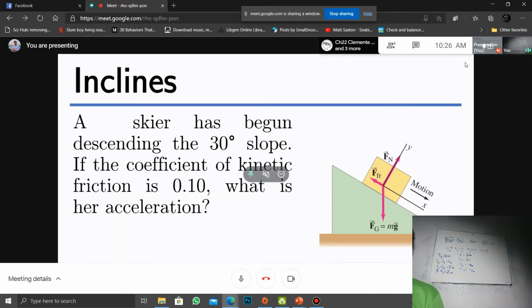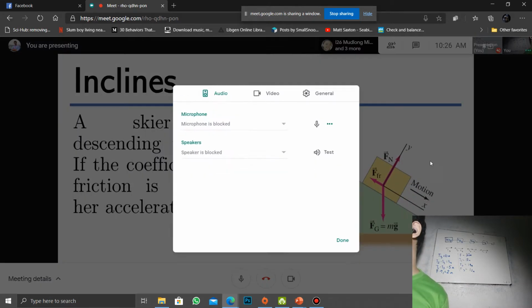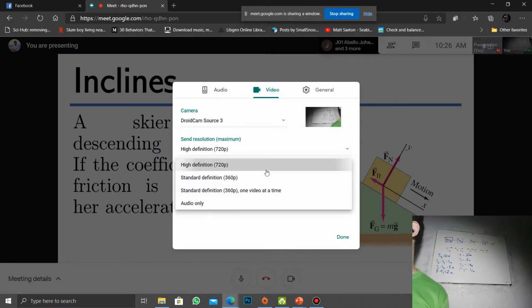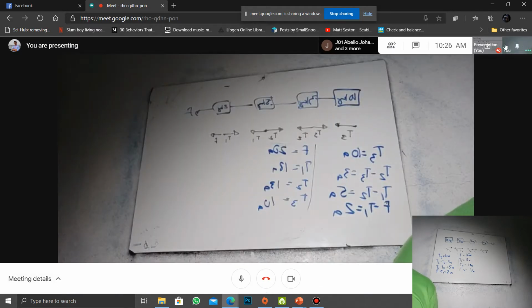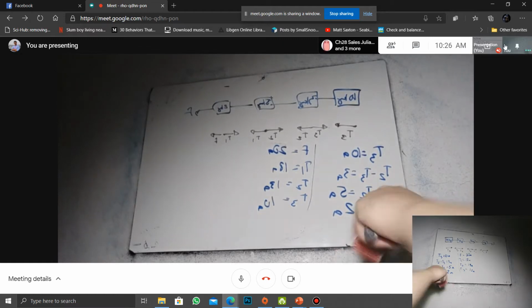So, looking at this, a skier has begun descending the 30-degree slope. If the coefficient of friction is 0.10, what is the acceleration? Sige. Let's create a free body diagram. Let's draw the situation first muna, no? Okay? I hope naalala nyo pa talaga, kasi marami akong sinabi last time.